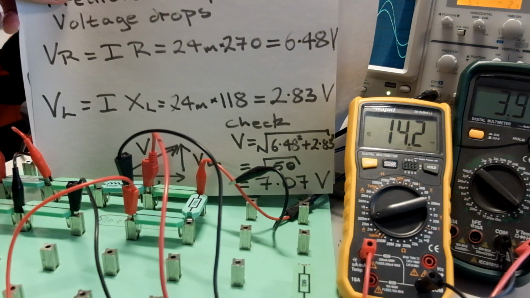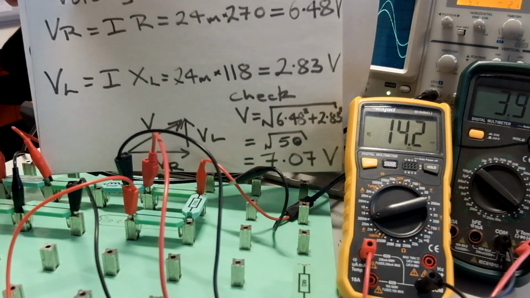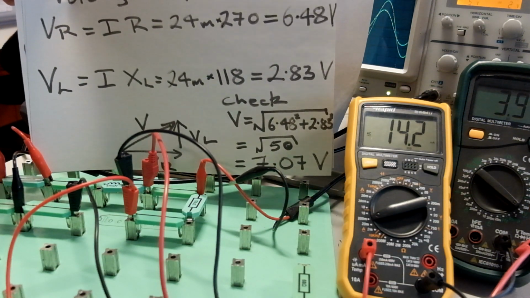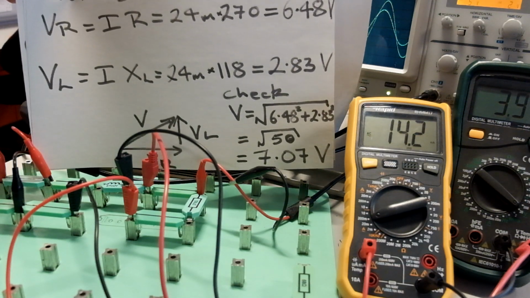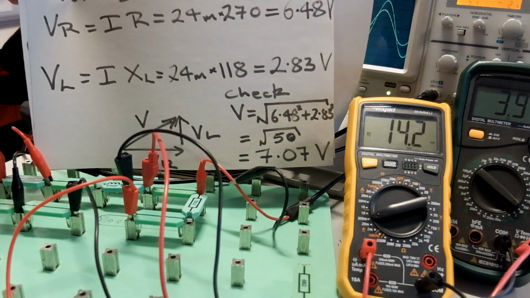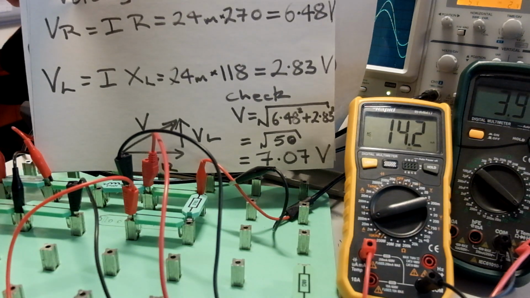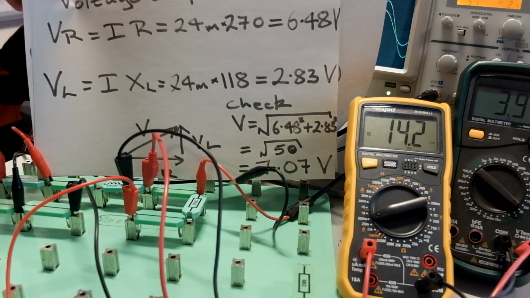The prediction for the voltage across the inductor would be 2.83 volts. And as a sanity check, those two voltages are 90 degrees out of phase, so if we do Pythagoras on them, a right angle triangle, we should get back to the 7.07 volts. These are RMS values, root mean square, that we apply to the circuit.